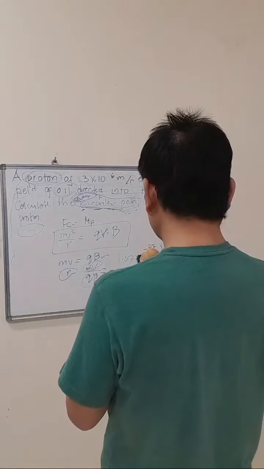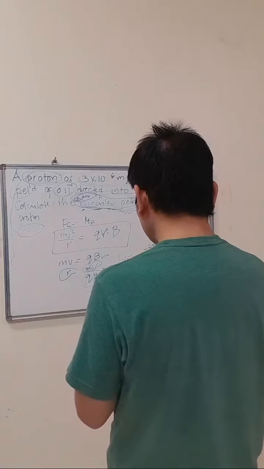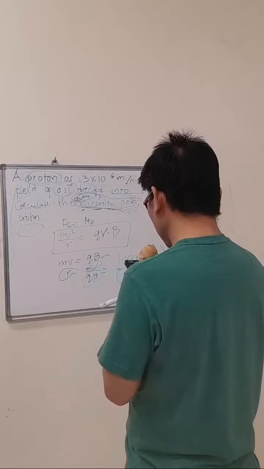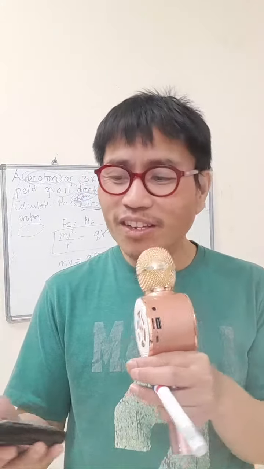Okay, 1.67 exponent negative 27 times 3 exponent to the 6 is equal to, shout out! Lloyd Chavez, Lenny Robredo. Oh, you're there, Lenny Robredo. Okay, Sir Mosh. Wow! Lenny Robredo supporters always go home.